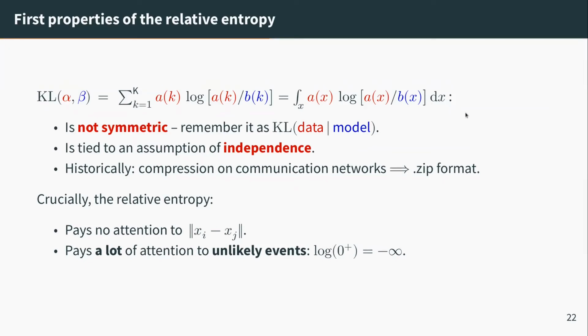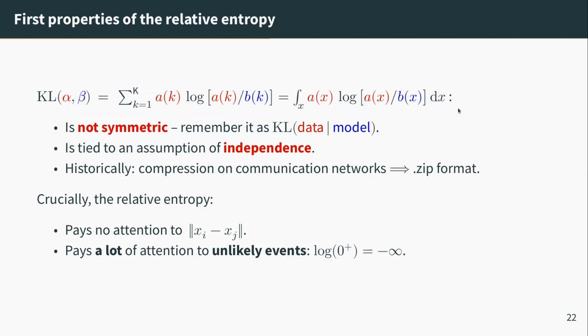Now, it's usable as a loss function, but keep in mind that it is not symmetric. You can remember it as the relative entropy of data with respect to a given model. That's the order in which they appear.